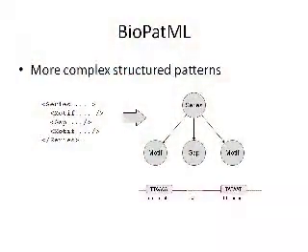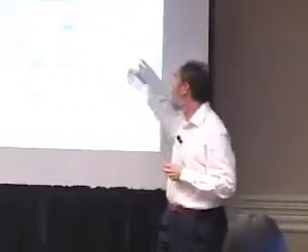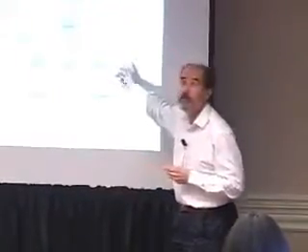Where it starts to get a bit more interesting is in the way that you can take these elemental patterns and combine them in a structured way. So here we have the series pattern, and in the series pattern, you can have a hierarchy of underlying patterns.